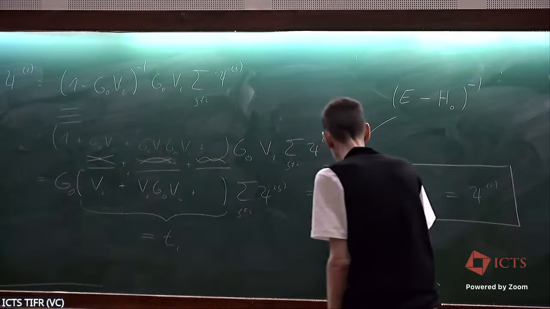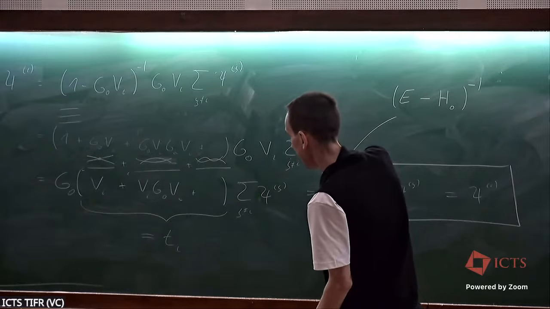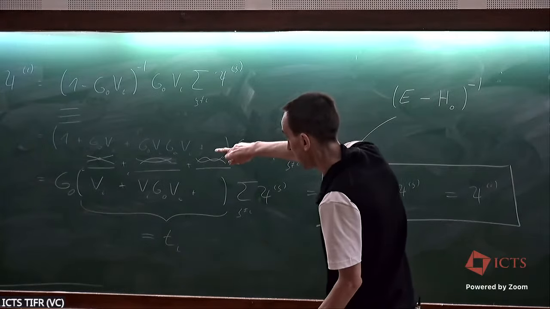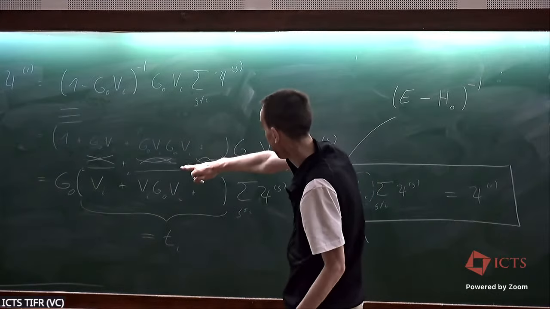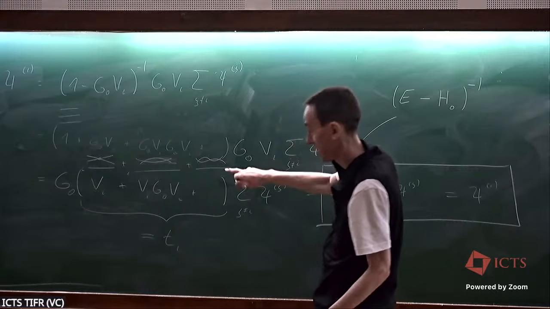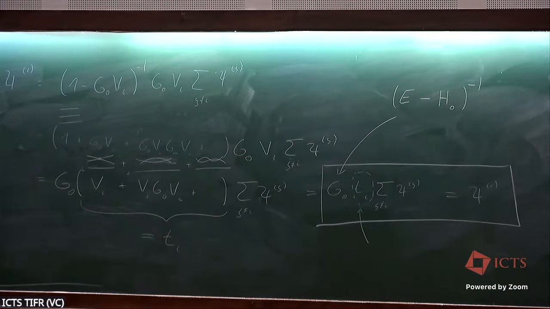So the formula, and that is where I want to be now specific in terms of representation. So this is just operators acting on a wave function without specifying the representation. And now to get something quantitative or qualitative out of that, we specify the representation to momenta.